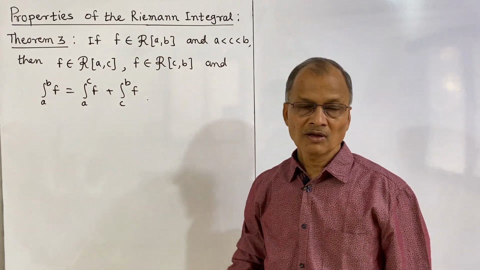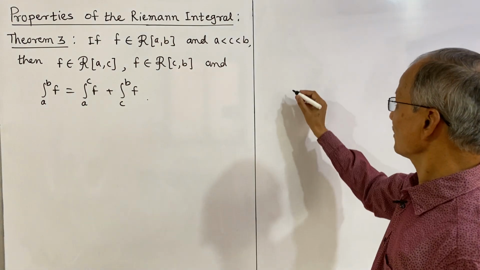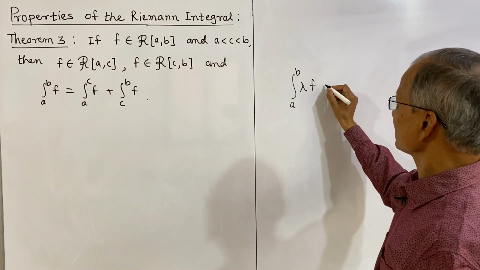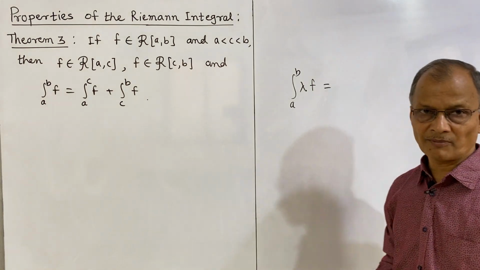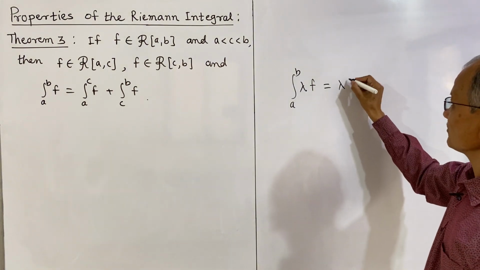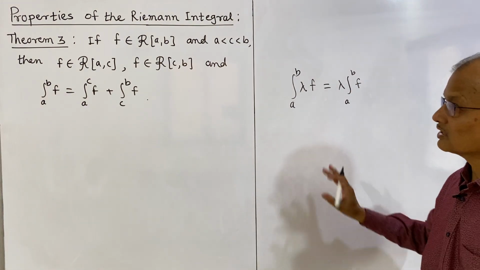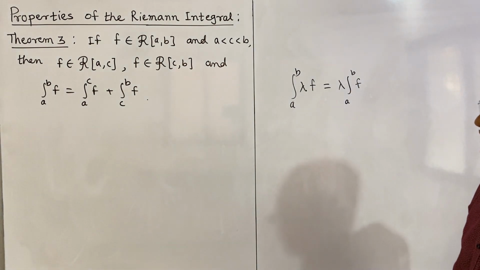This property first we shall prove, and then we shall prove the property that if lambda is a constant, then integral a to b of lambda f is lambda times integral a to b of f, where lambda is a constant. This property also we shall prove in this lecture.